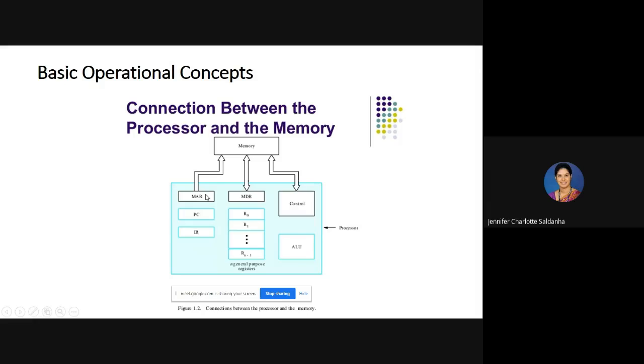So be clear about MAR and MDR. MAR holds the address of the particular location of the memory. That particular location can either have the instruction or the operands. To access instructions and operands, the corresponding memory address has to be present in the MAR.